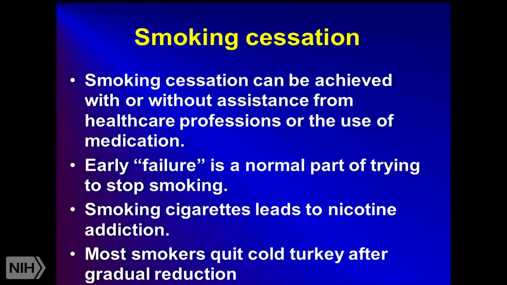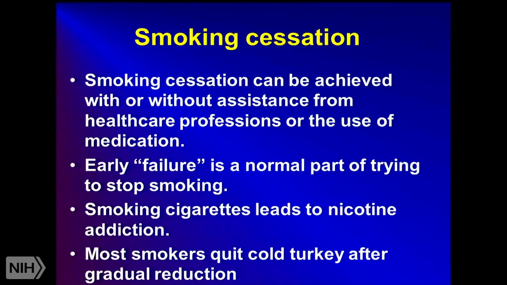So what the U.S. has done is they tax the heck out of tobacco. And as a result, the teenagers can't afford it, and the number of teenagers smoking has gone down dramatically.